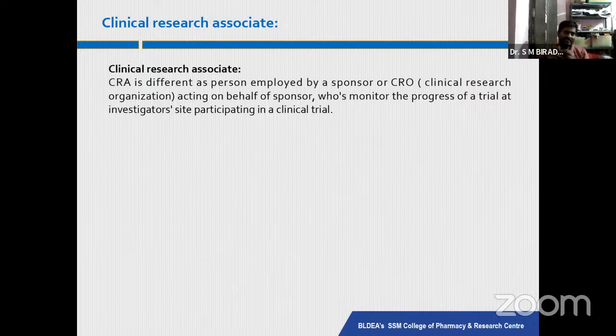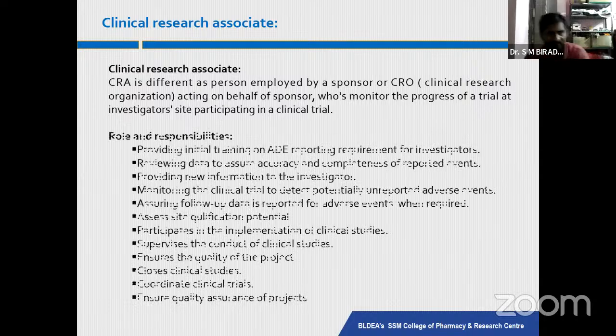He is appointed by the sponsor to take his own report, the internal report. He is a different person employed by the sponsor, collecting all the information, and sometimes even hidden reports can be taken out by this clinical research associate.